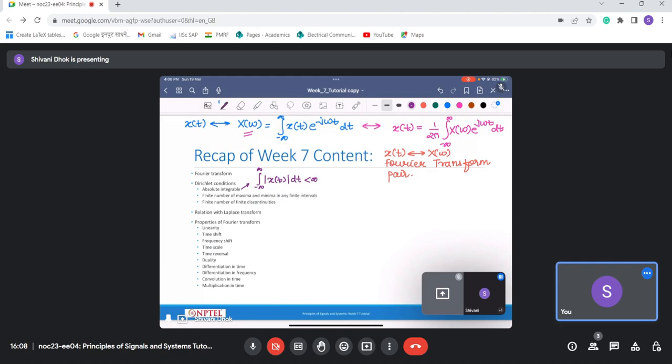Otherwise, it does not exist. Next is that it has a finite number of maxima and minima in any finite interval. And the third condition is that it has a finite number of finite discontinuities.